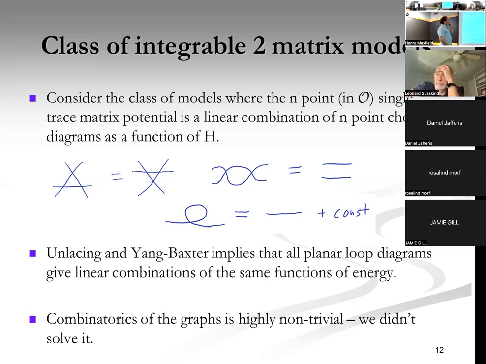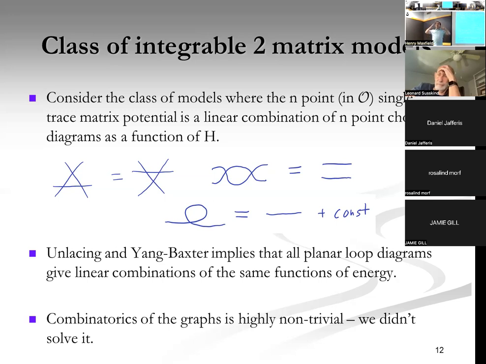The thing that saves the day is the fact that the gravity Feynman rules are very nice. So first of all, if you have a crossing like this, it equals this diagram. That's the Yang-Baxter equation. And then if you make a double loop like that, you can unlace it to this. Let's just call it unlacing. These were understood for the gravity answers.